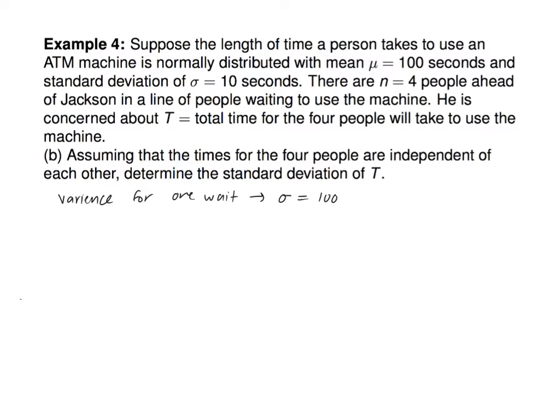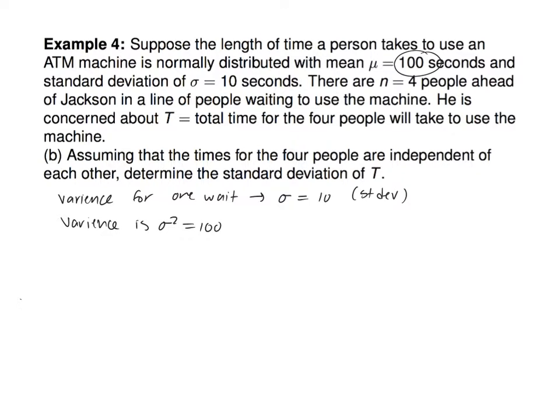For one wait, sigma is 10. That's the standard deviation, right? The variance is sigma squared, or 100. Which just happens to be the same as the mean. That is a coincidence. It's not always true, okay?